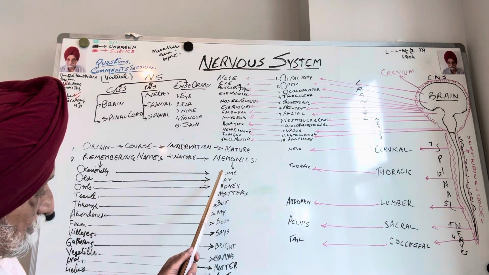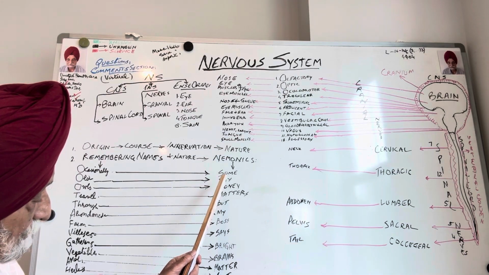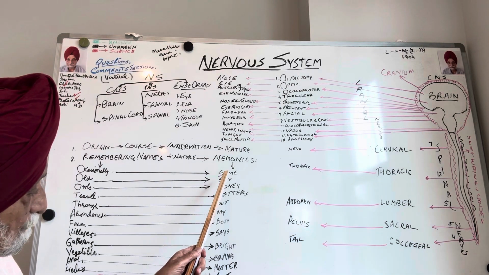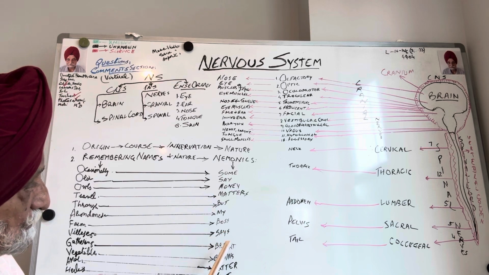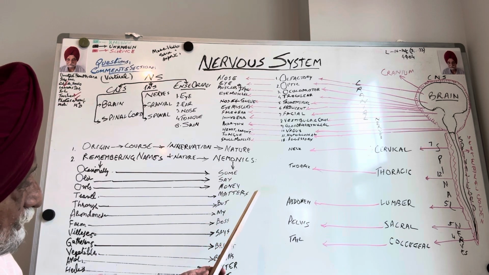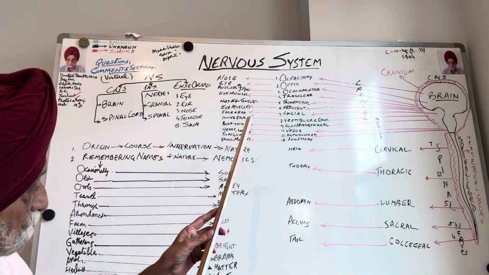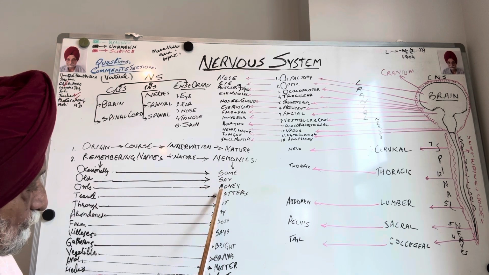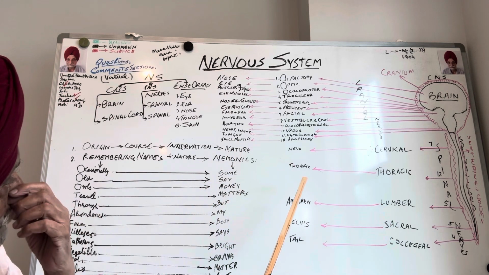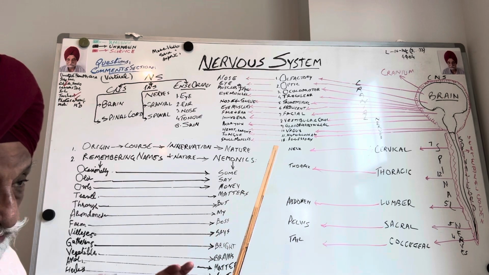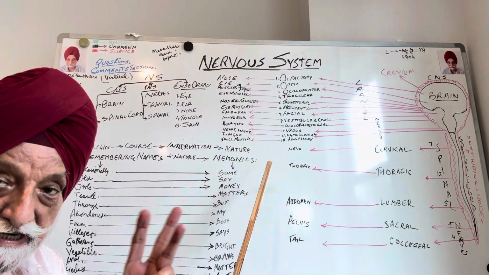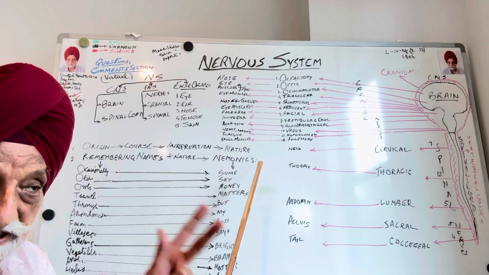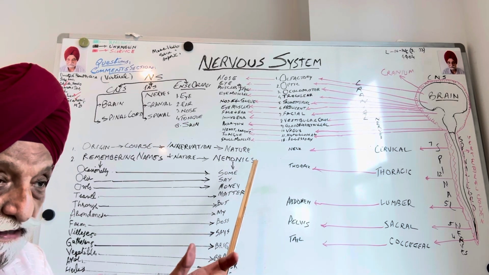The first letter of each word of this sentence will indicate the nature of the nerve, like sensory, motor, and so on.